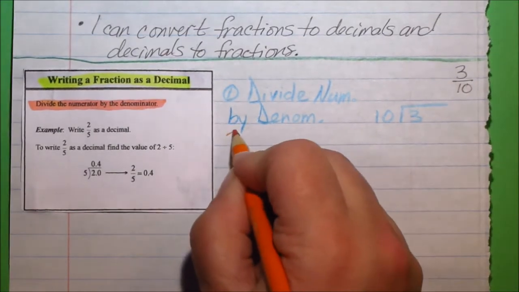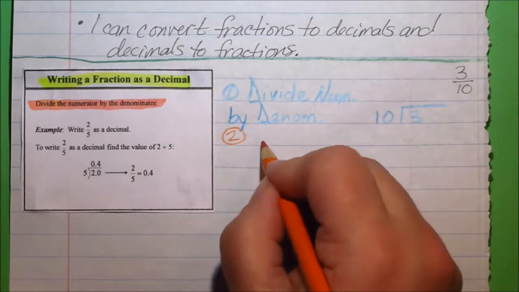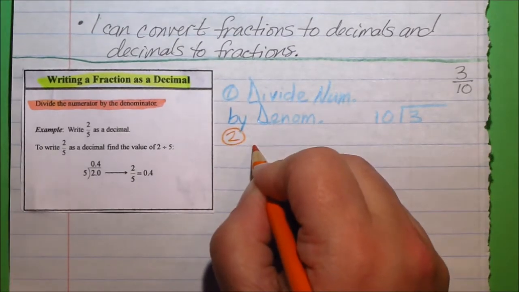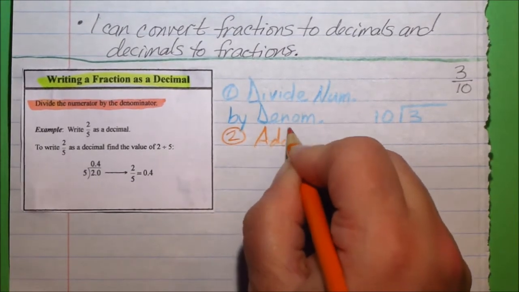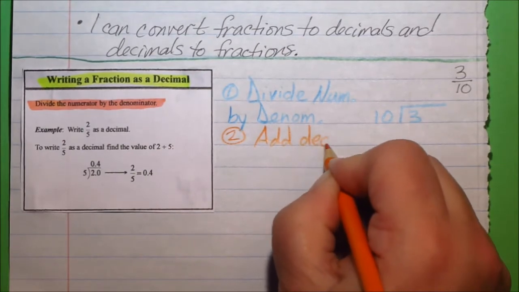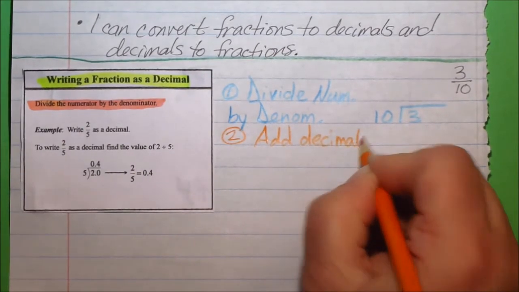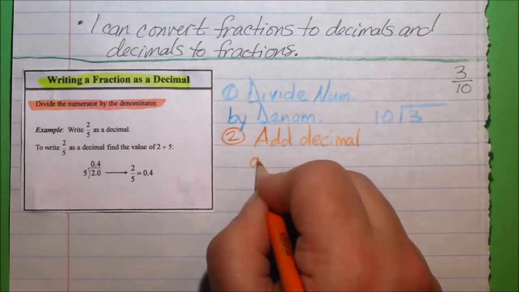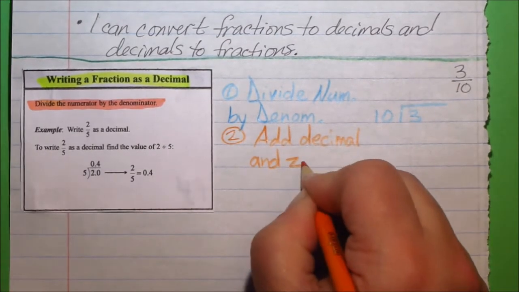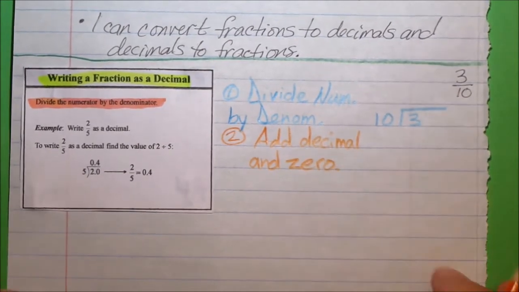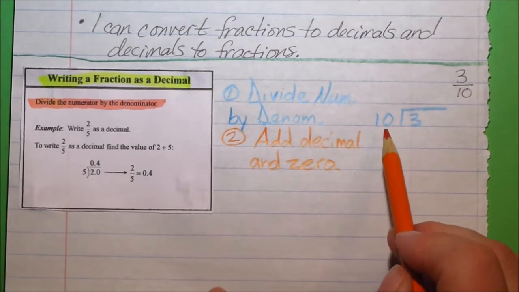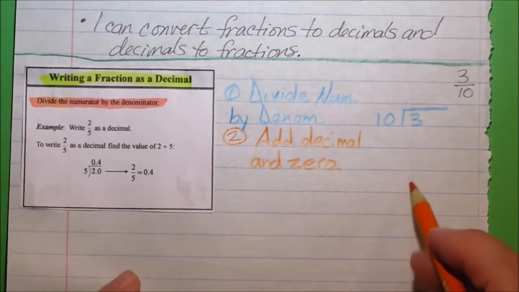Now, step 2 is to add decimal and 0. So what that means is I can't divide 10 into 3, right? 10's too big.